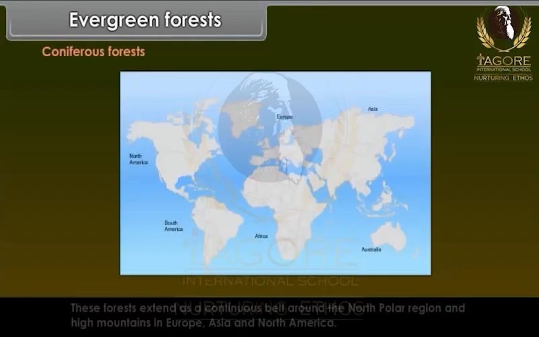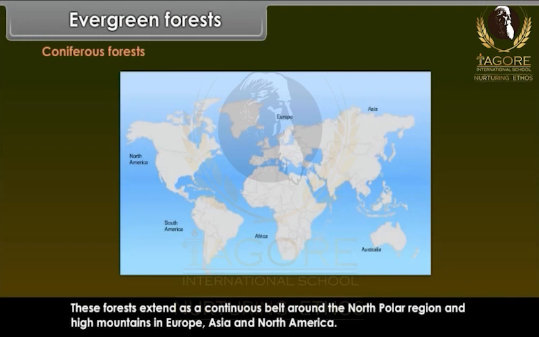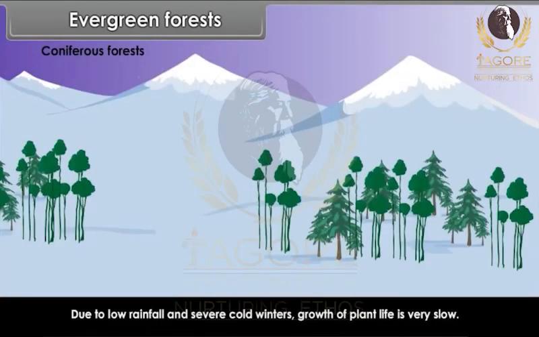Coniferous forests. These forests extend as a continuous belt around the North Polar region and high mountains in Europe, Asia and North America. Due to low rainfall and severe cold winters, growth of plant life is very slow.